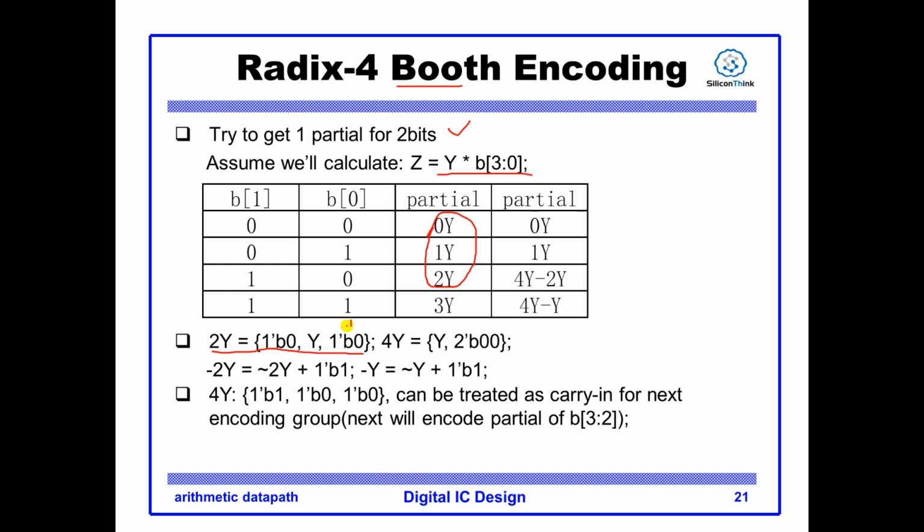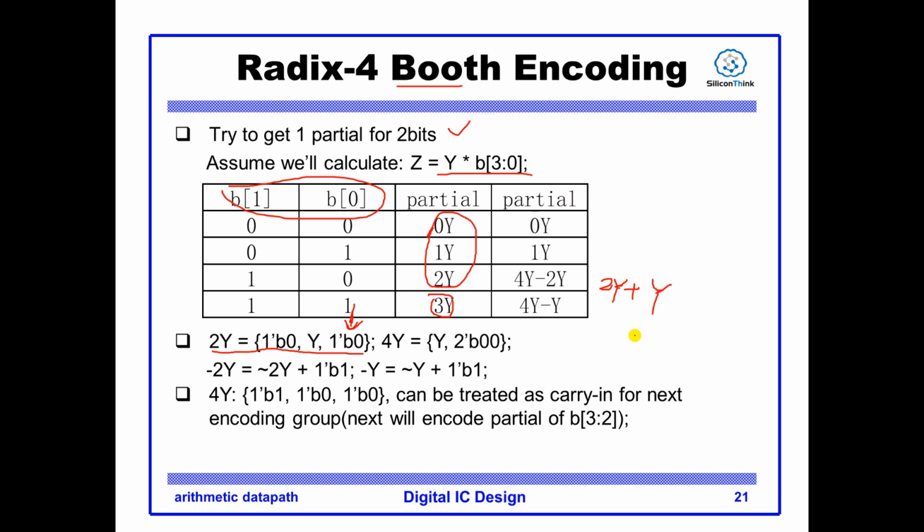Append a 0 at the least significant bit. So this is simple to give the partial product for the 2 input bits, but this one is a little tricky.